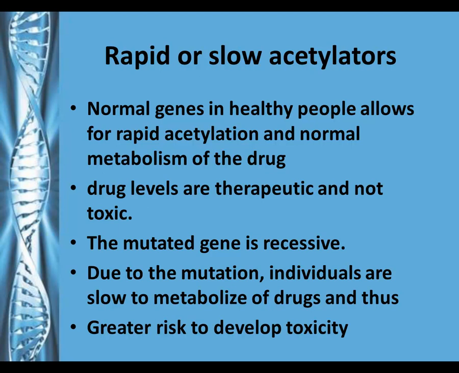We know that the mutated gene they have found is recessive, so it takes having inherited both mutations to develop slow acetylation. If patients have this mutation, they metabolize their medications much slower, and therefore they're at greater risk for developing toxicity, adverse reactions, or side effects.